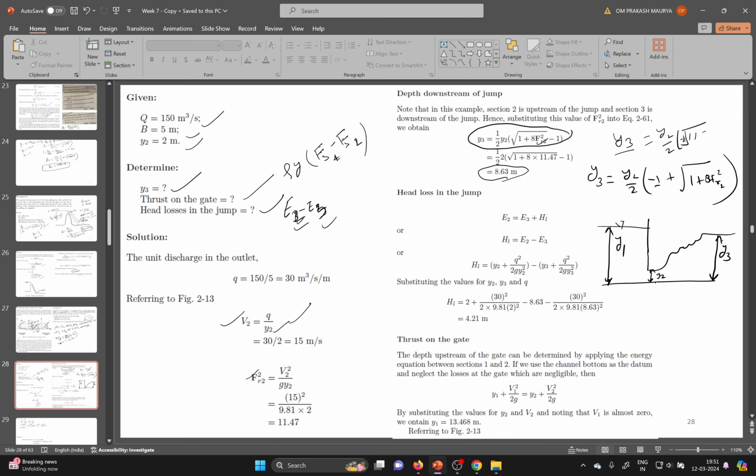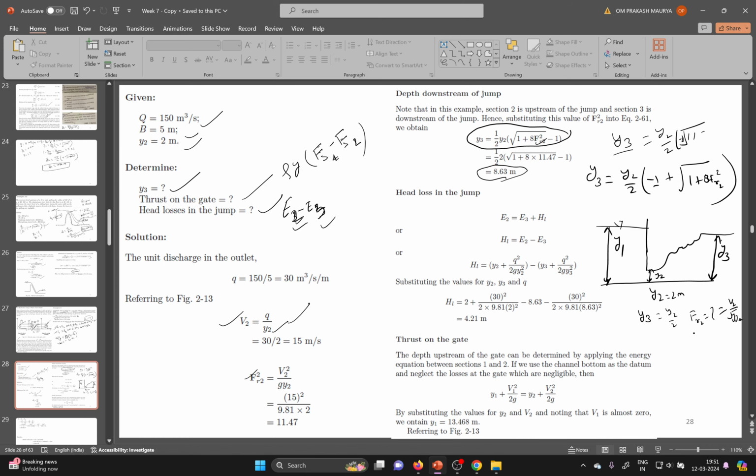So you need to calculate y3. Now y2 is given in the question as 2 meter. You need y3. So what will you do? You already know the formula, y3 is equal to y2 by 2 times this. So for that you need to calculate Fr2. Fr2 is equal to v2 by root g y2.